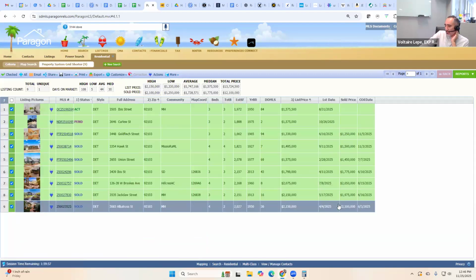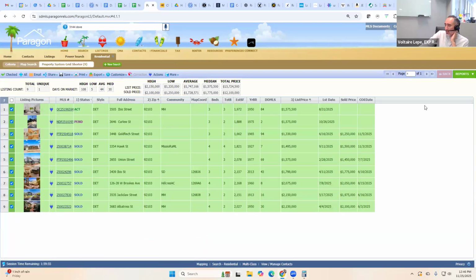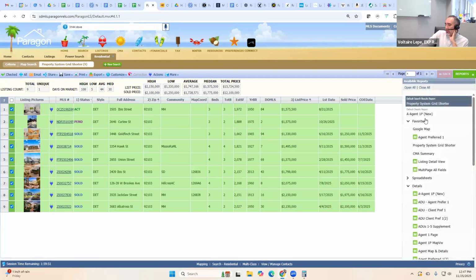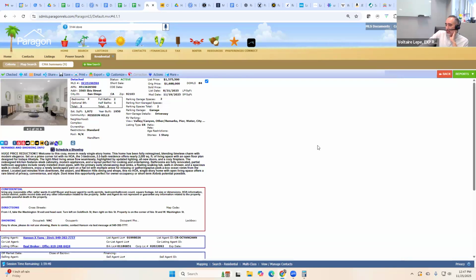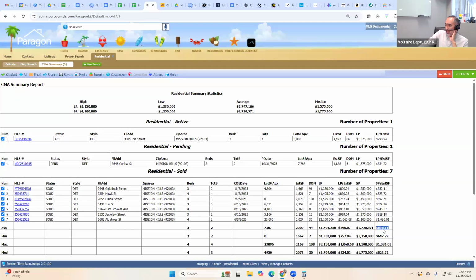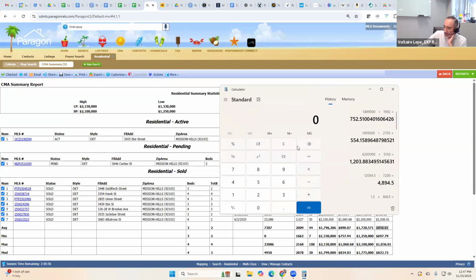I go back here, and if I was doing some comps, I would say, what could it be worth? If it could be worth 856.61, and I multiply by 1922 square feet, was that it?